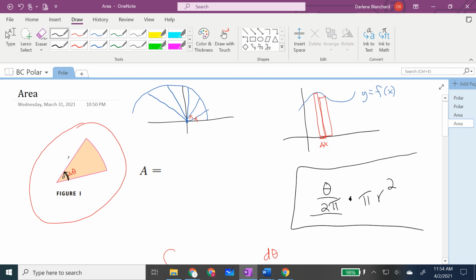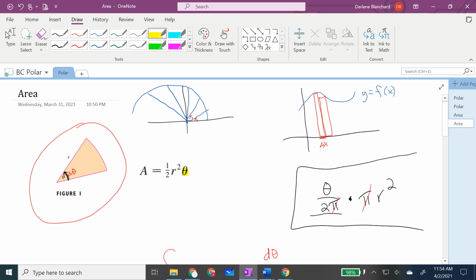Mind you, this is only if you are doing radians does the formula come out this nicely. And we get, drum roll, 1/2 r squared theta. But the theta is going to turn into d theta.